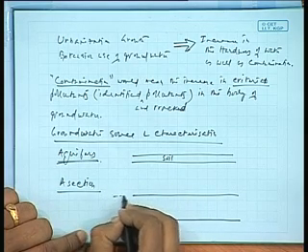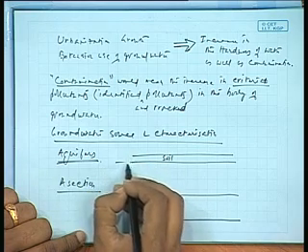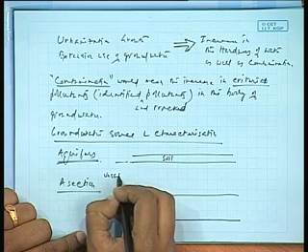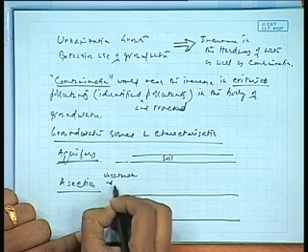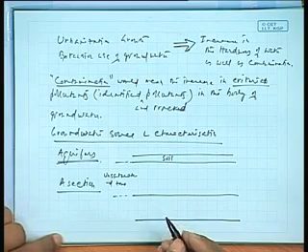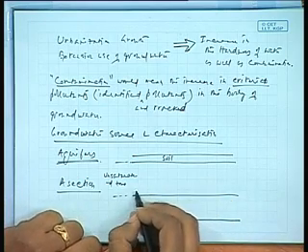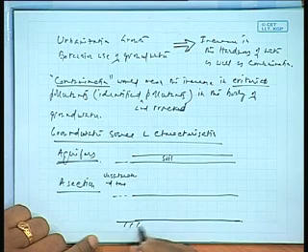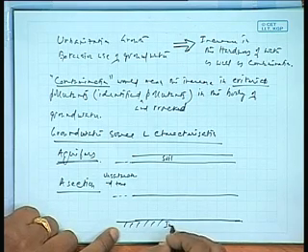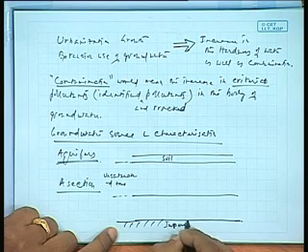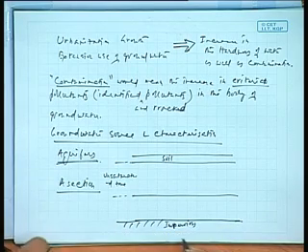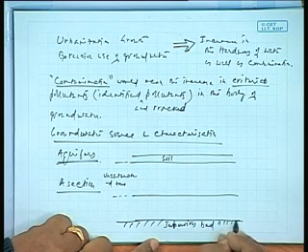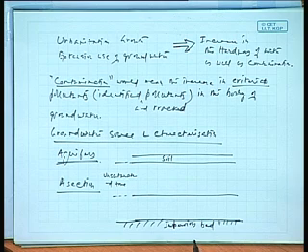The characterization of this is that it is known as the unsaturated zone. And here is an impervious bed, where the water cannot go out.